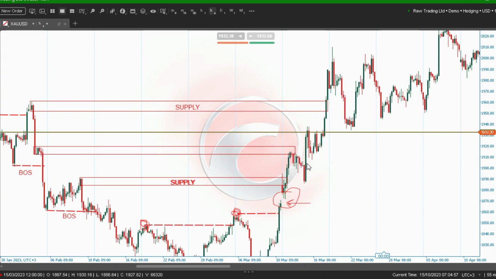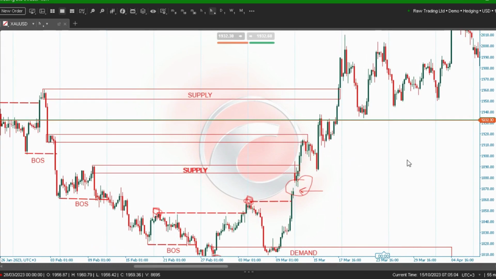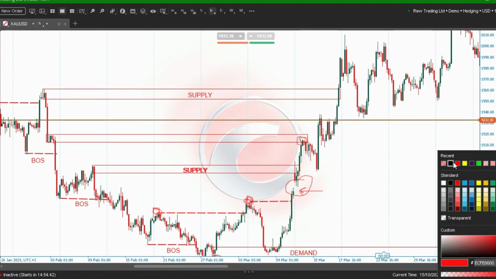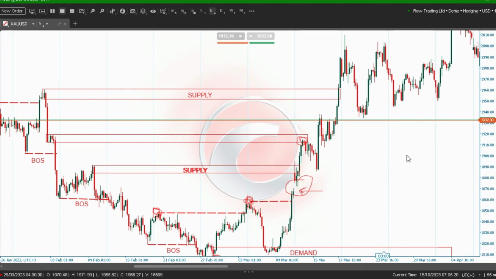The reaction was showing that the market is changing to bearish, and in this case the reason I say you must have a confirmation, just look at this area here, and this area here, and this area here. If you look at that area, there was a pullback.